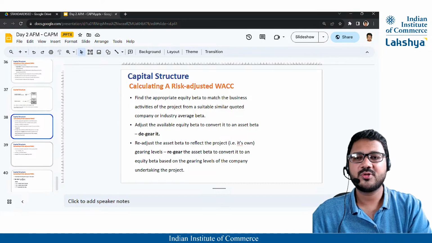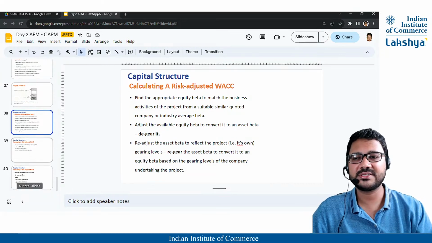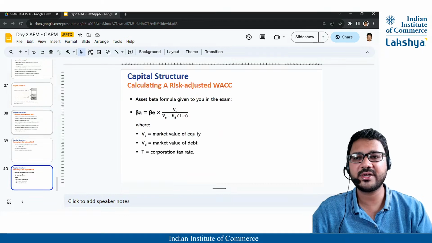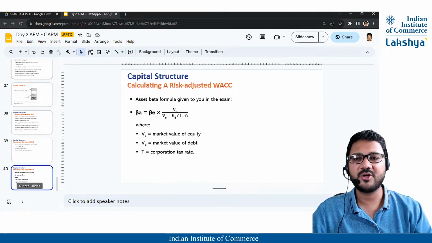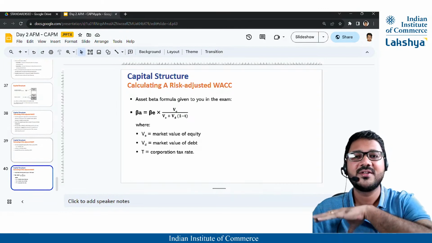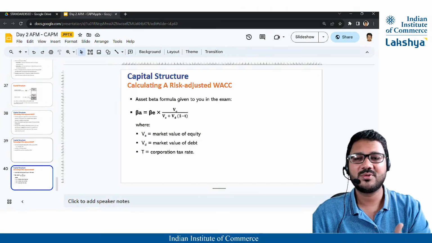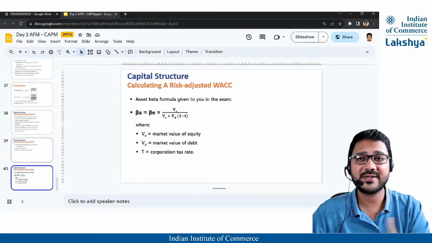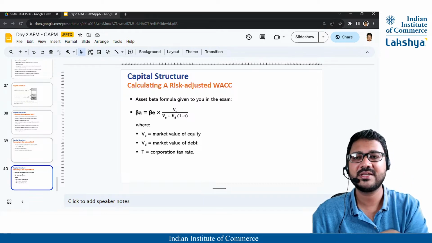Okay, so when you are actually doing your AFM, all they will just discuss is how to regear and in which scenarios we have to regear. That's about it, and the formula of CAPM. That's it. All the backstory is ignored, but we don't want to be robots. We need to understand how it's being done. We need to understand practically, if tomorrow you actually have to implement and calculate these things, how it's done.